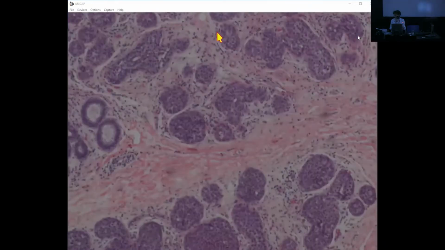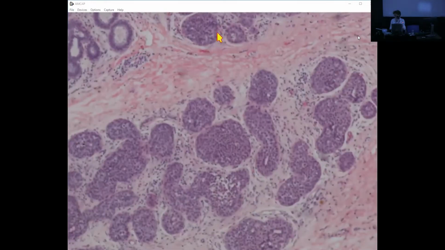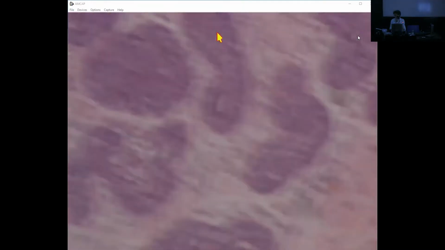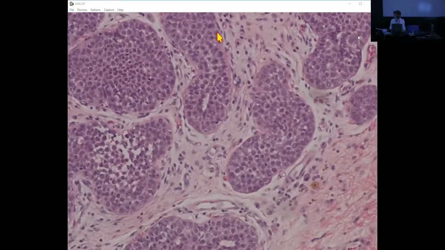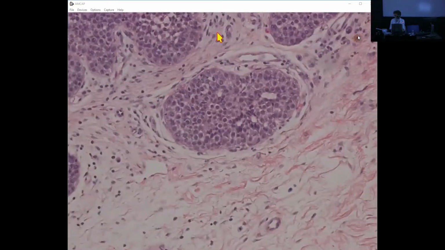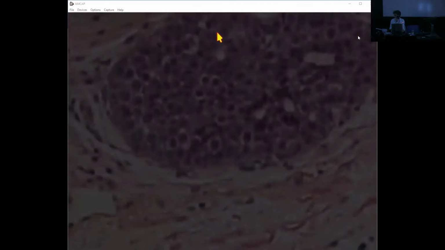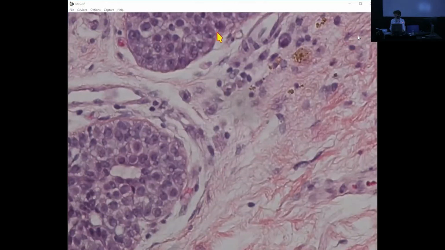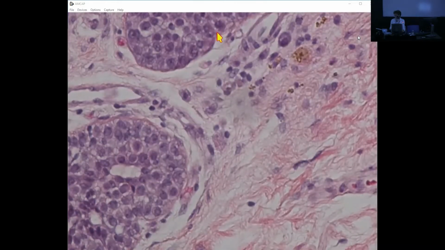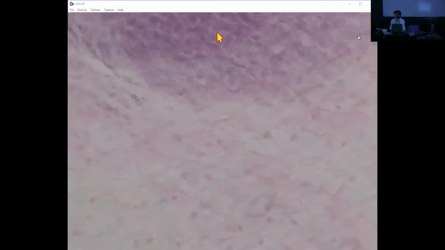Here is a partial involvement, maybe. Oh, actually, I didn't realize. So there is an area here where we still see probably a central lumen. Maybe there are some residual ductal cells in the center. Yeah, they still look like lobular to me.